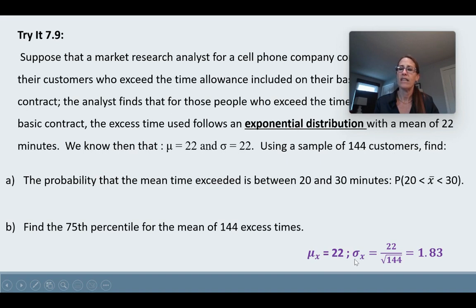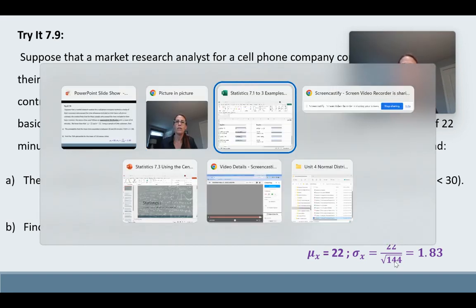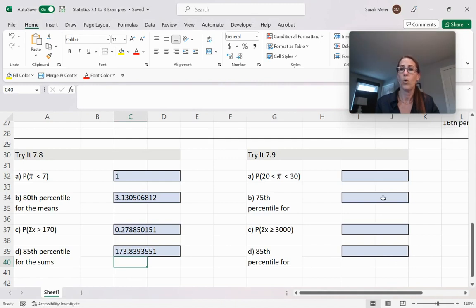And our new standard deviation is the original standard deviation divided by the square root of our sample size. Now, 144 is a perfect square, so the square root of 144 is 12. You could do 22 over 12 or 11 over 6, and it's 1.83, I believe, repeating. So you could put it into Excel, or you can use the number. We've talked about that a couple of times.